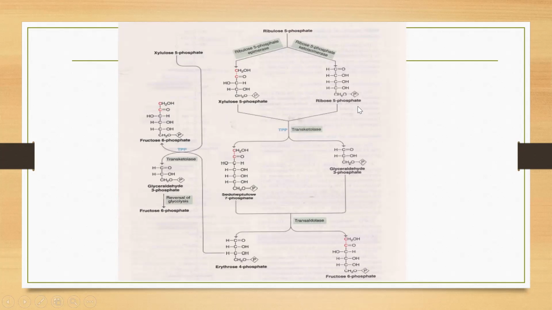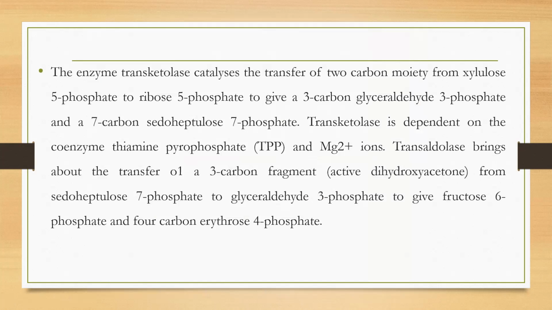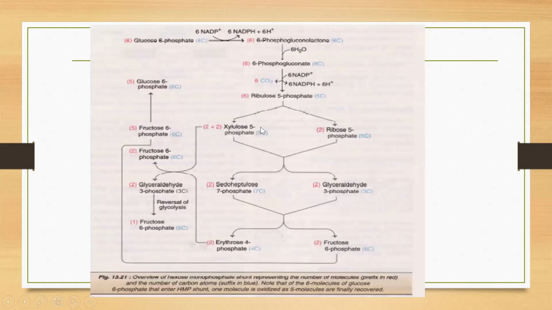Then at this step, the transketolase enzyme will act, and the importance of the transketolase enzyme is that it will transfer the 2 carbon moiety from one compound to another compound. This transketolase enzyme will catalyze the transfer of 2 carbon moiety from xylulose 5-phosphate to ribose 5-phosphate, and to get the formation of glyceraldehyde 3-phosphate and pseudoheptulose 7-phosphate. We will see this in this step.